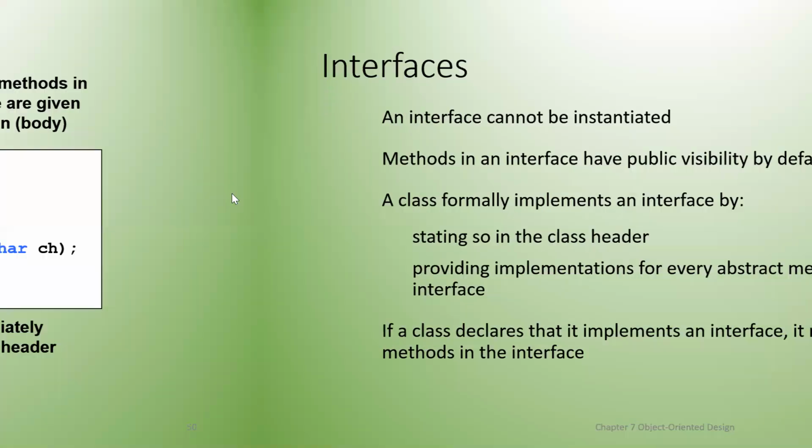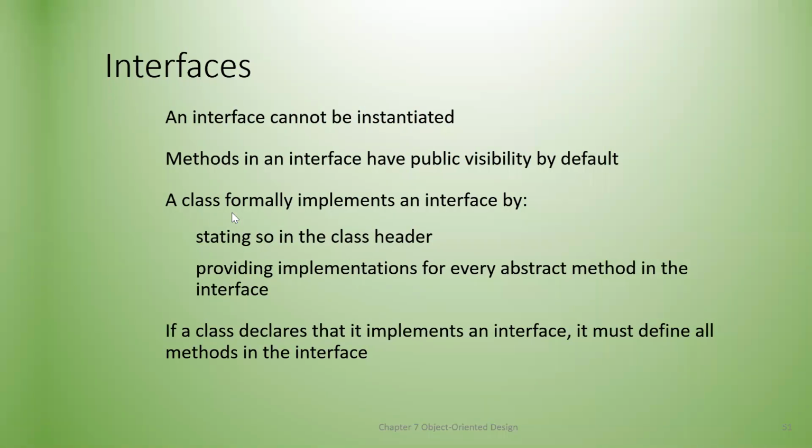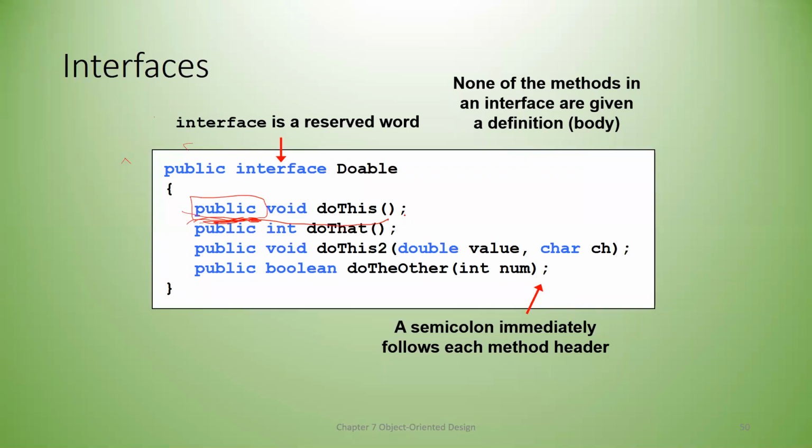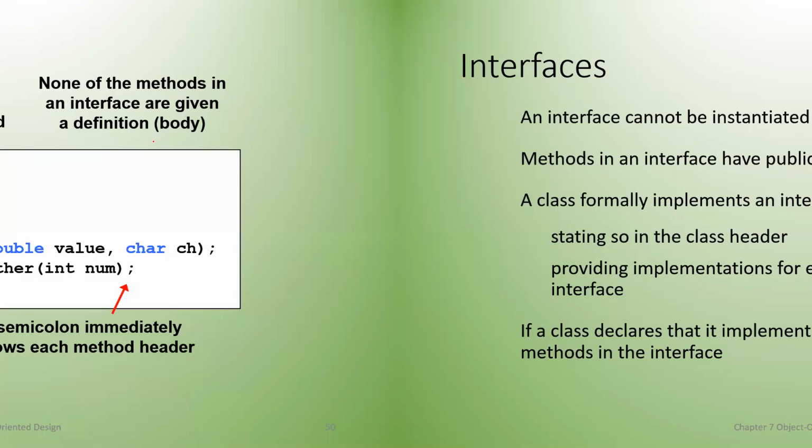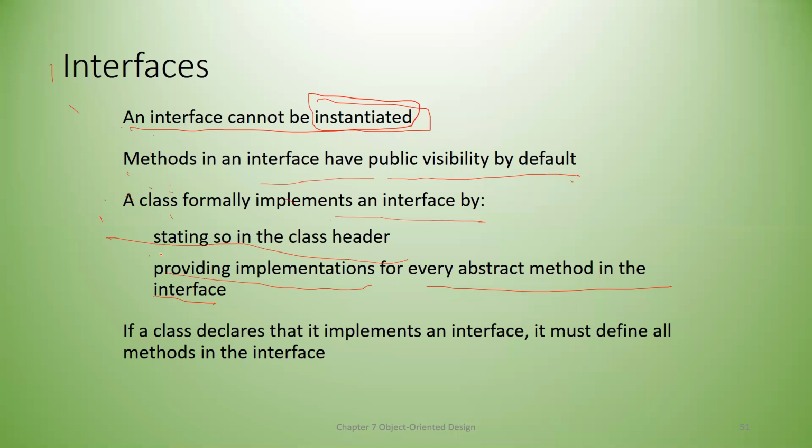These methods don't have a body, so you cannot call them because there is no implementation. If you say you're going to implement this interface, you are responsible for providing the body. Providing implementation or definition means providing the body.